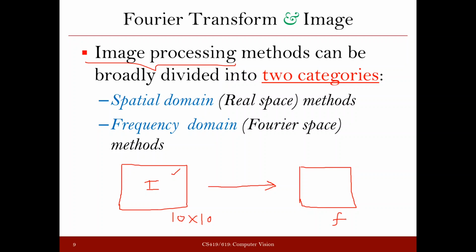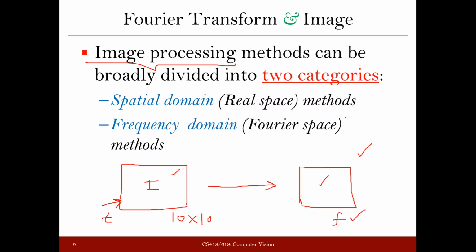So now you have another option. If you don't want to do the operation in this domain, you want to do it in this other domain, you can convert your image from the original domain to this new domain, and then do the operation there. In general, when we talk about Fourier series and Fourier transform, we say the left side is the time domain and this is the frequency domain.